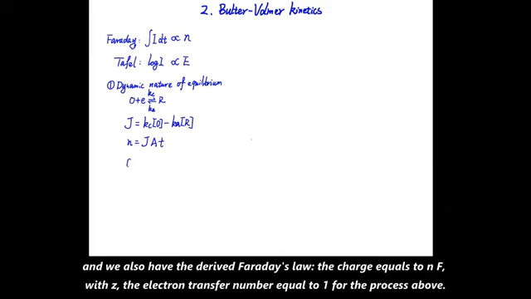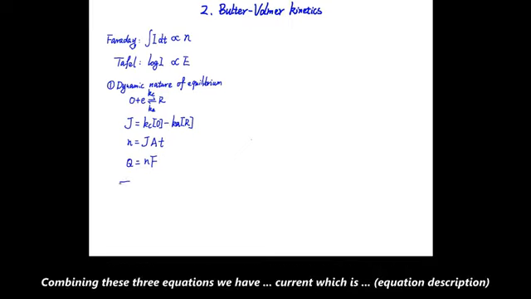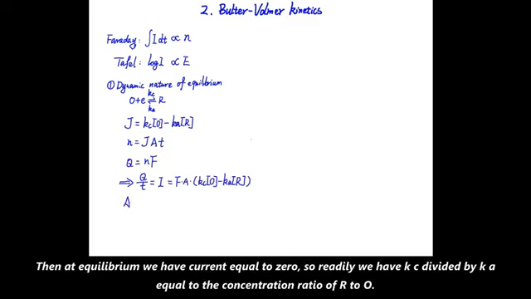We also have the derived Faraday law: the charge equals n times F, with Z, the electron transfer number, equal to 1 for the process above. Combining these three equations, we have Q divided by t, which is the current, equal to F times A times J. Then at equilibrium, the current equals 0.